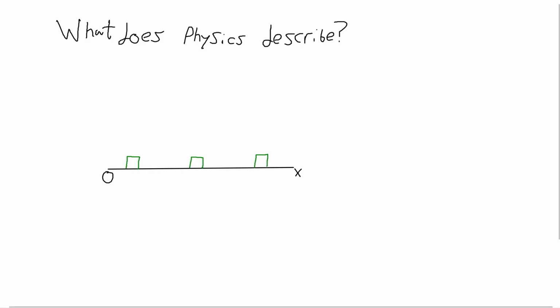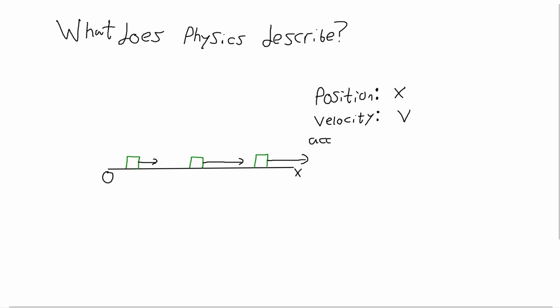Let's start with probably the simplest physical system imaginable. We have an object and it's moving. First, I can describe where it is. But position alone doesn't tell me what's happening. I might also want to know how quickly it's changing. This would be the velocity. And then I can ask, how quickly is this velocity changing?